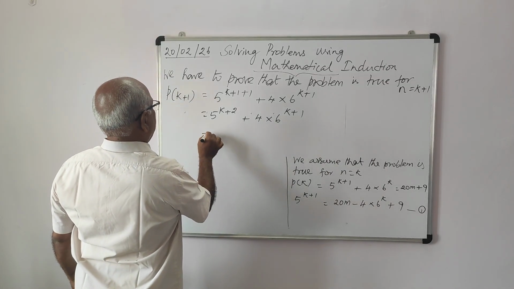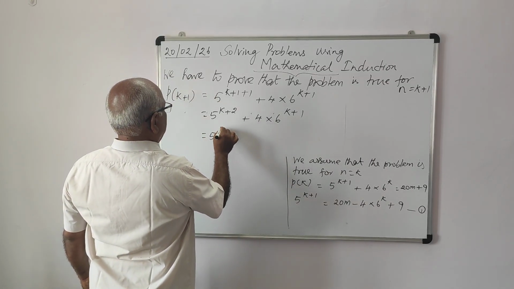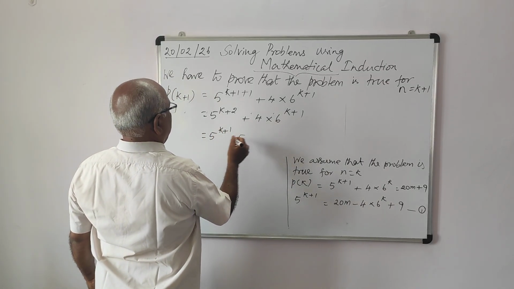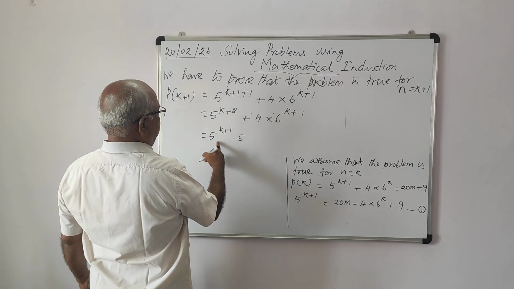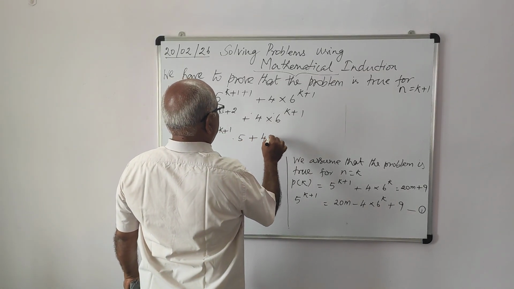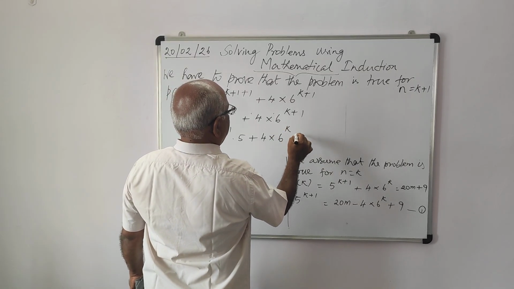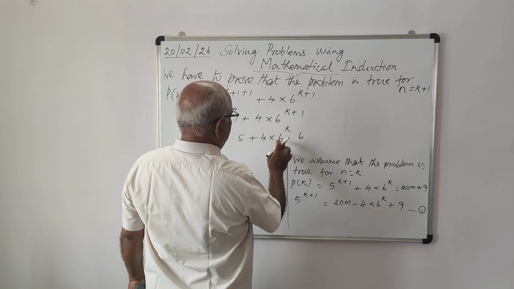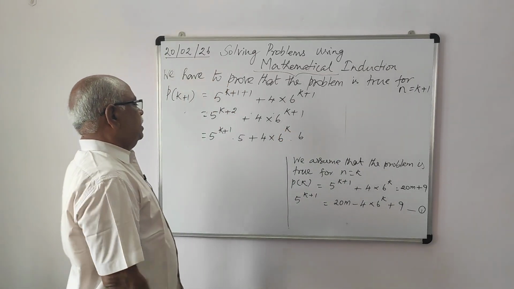So this can be expressed as 5 power k plus 1 into 5 plus 4 into 6 power k into 6. 5 power k plus 2 splits into 5 power k plus 1 into 5, and 6 power k plus 1 splits into 6 power k into 6.